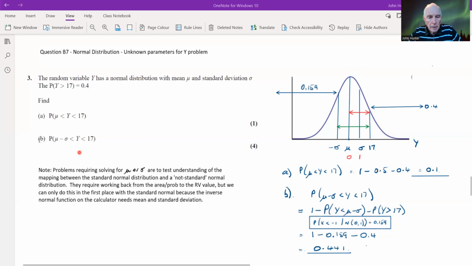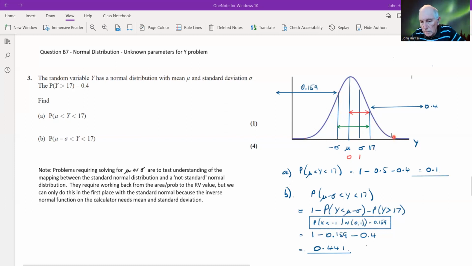And the second part is the probability the random variable falls between mu minus sigma and 17. Right, that seems a bit more tricky, doesn't it? Okay, so this time this is the area that we're looking for. So we're going to be excluding all this area that's above 17 and all this area that's below mu minus sigma.